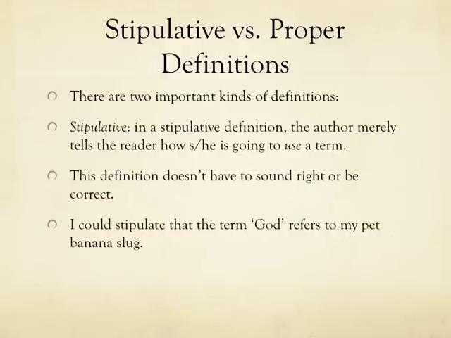And again, there are no rules. So I could stipulate that the definition of God refers to my pet banana slug. Right? And that would be fine just because I'm stipulating it.